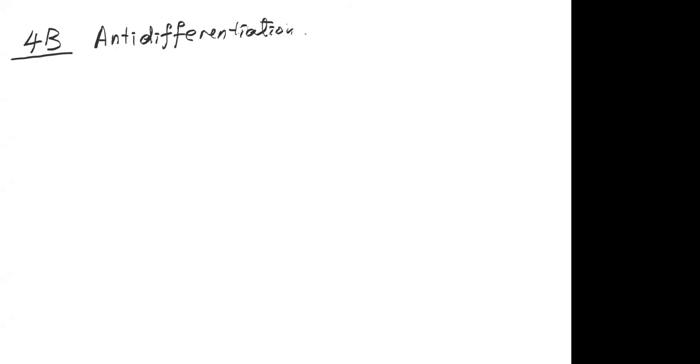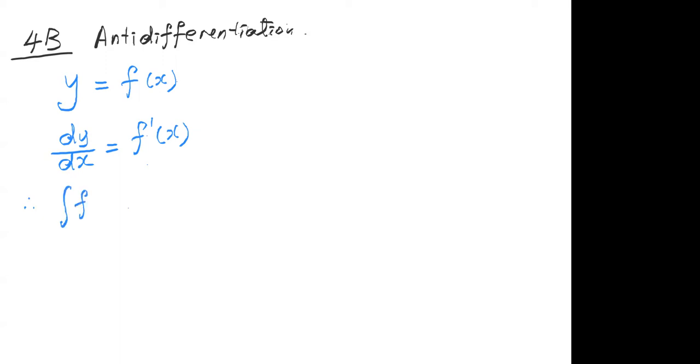If I have a function y equal to f(x), when I differentiate this, I get my f prime x, correct? Therefore, if I integrate f prime x with respect to x, I will get back my y, which is my f(x). That is the meaning of anti-differentiation. So integration means anti-differentiation, the inverse.